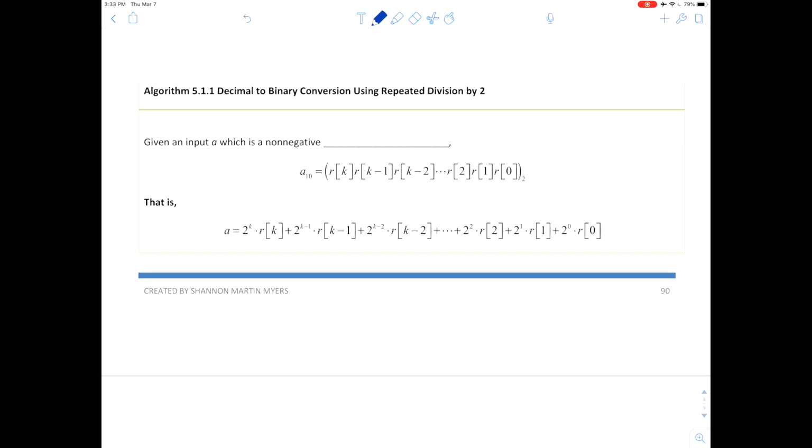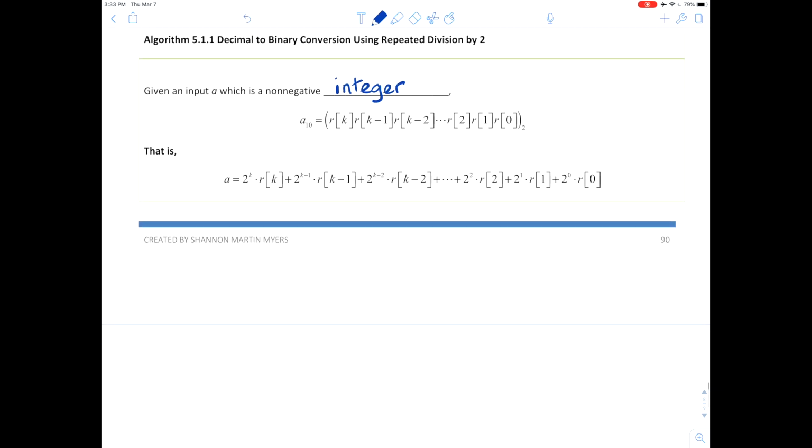So given an input A, which is a non-negative integer, A base 10 is equal to the remainder at k, the remainder at k minus 1, the remainder at k minus 2, all the way down to remainder at 2, remainder at 1, remainder at 0, and that's in base 2, all right? Or you can rewrite it that one way that I had written it as well.